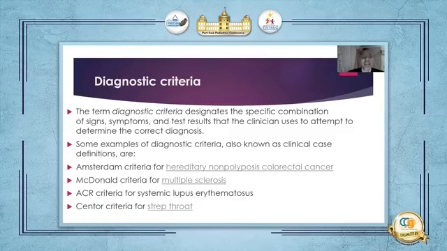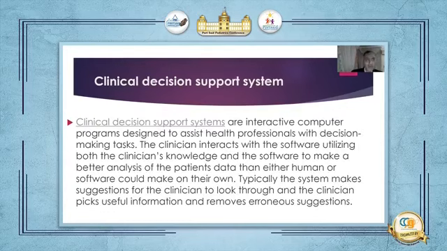What's meant by the diagnostic criteria? The term diagnostic criteria designates the specific combination of signs, symptoms, and test results that the clinician uses to attempt to determine the correct diagnosis. Some examples of diagnostic criteria, also known as clinical case definitions, are Amsterdam criteria for hereditary non-polyposis colorectal cancer, among others.